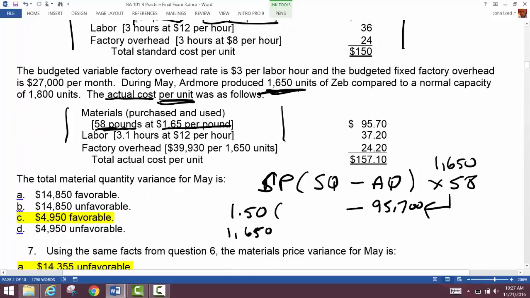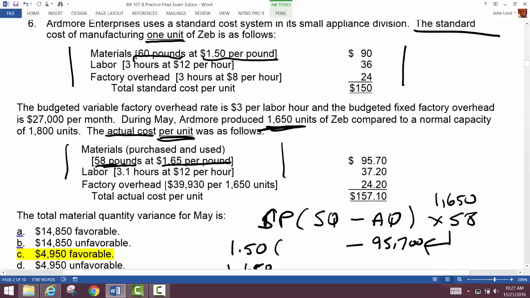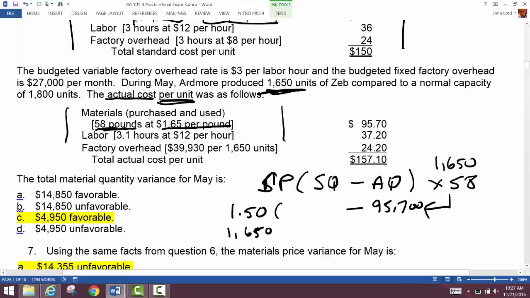That was the standard. So 1650 times 60 pounds per unit means I should have used 99,000 pounds.